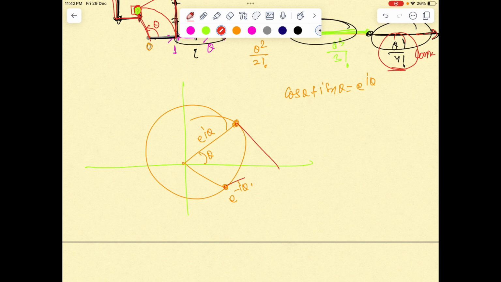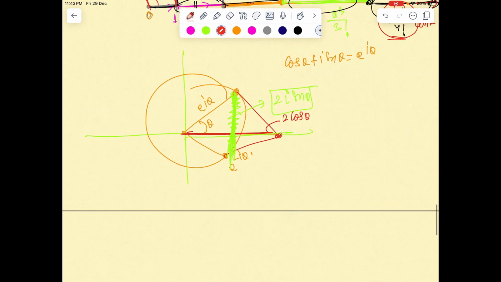And if you add them up, they'll just add to a real quantity, which is basically 2 cos theta. You can visually see 2 cos theta. What about this distance? This is an imaginary quantity, so that's 2i sin theta. So magnitude wise it's 2 sin theta, and i means it's perpendicular to the x-axis.